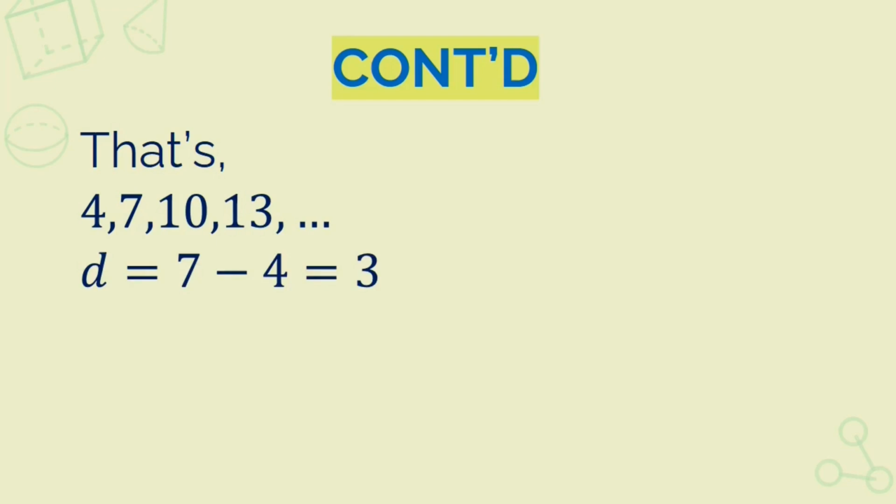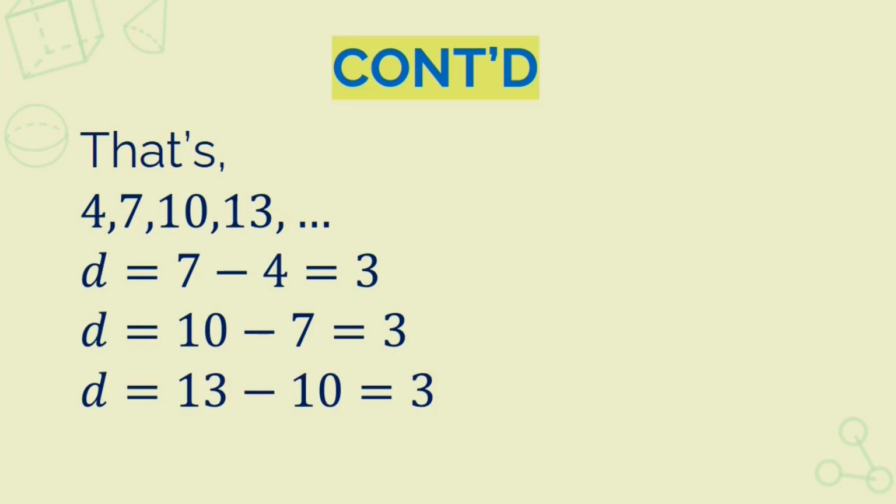If I pick the third number, 10, I subtract the previous number from it, which becomes 10 minus 7, producing the answer 3. If I also pick the fourth number, 13, I subtract the previous number, which is 10, from it. That becomes 13 minus 10, producing the answer 3.